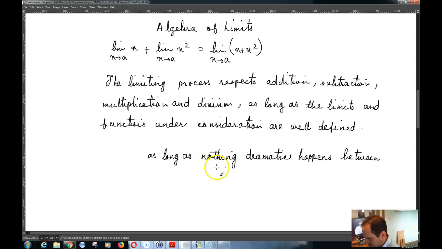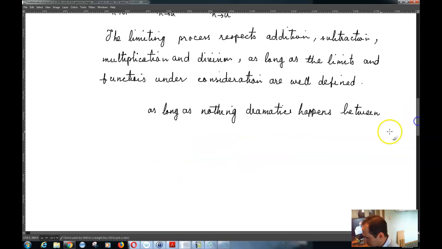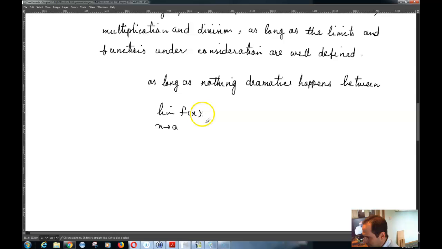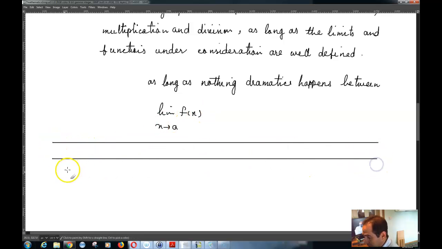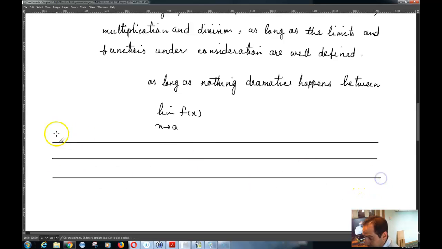let's say that we had some function, the limit of f of x as x tends to a, and we wanted to find that, and then we created this table. Let's say this is x and this is f of x, and this is a.